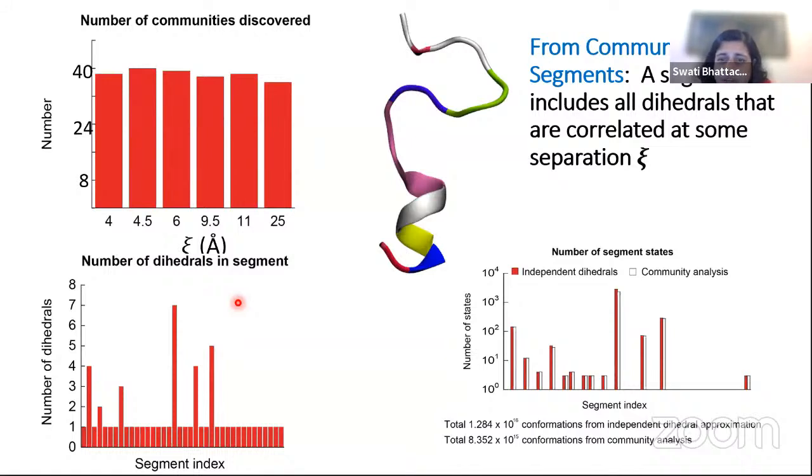Another question is, what is the number of states that can be accessed, visited by each segment? And what is the number of states that is possible for each segment? Remember, I think I have mentioned this previously, that if you carry out a simulation for a few hundred nanoseconds or a few microseconds, you'll never be able to access all the conformations of the full peptide, the full molecule.